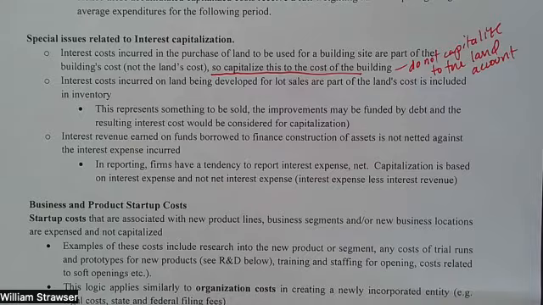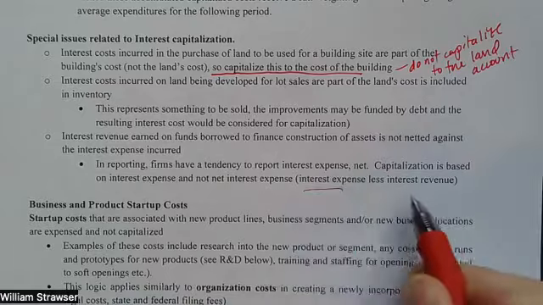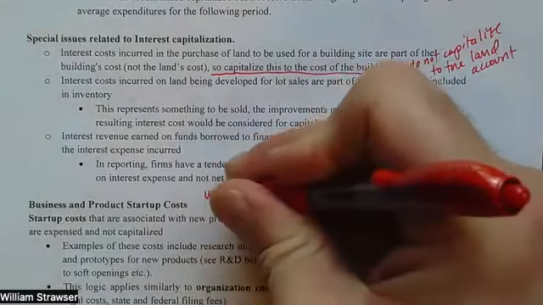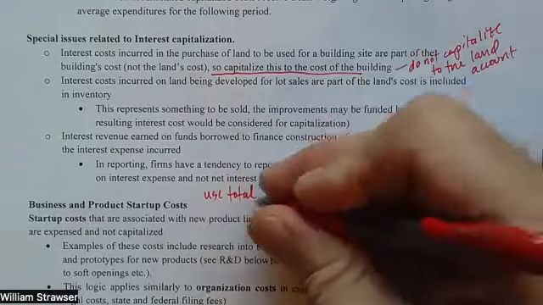A lot of companies have offsetting investments that will give me interest expense net. You don't use interest expense net, which is interest expense less interest revenue. You want to use total interest expense. These are just kind of little things.